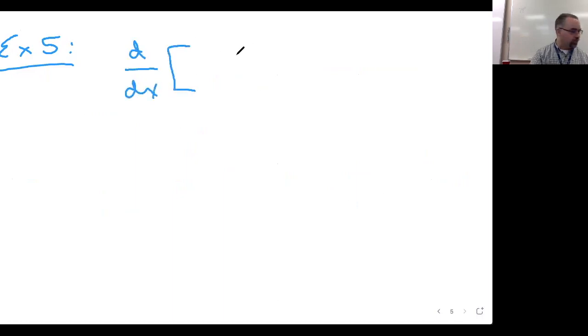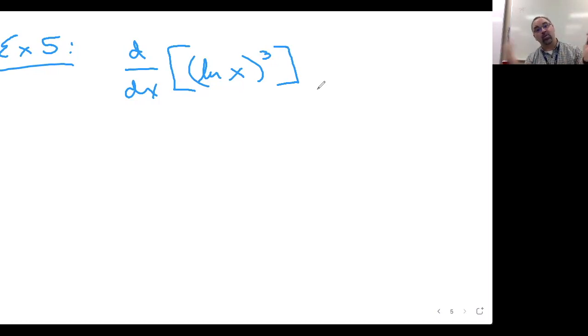Example 5. I know, they're getting harder. Let's see. Oh, yeah. Derivative with respect to x of natural log of x quantity cubed. Oh, see what I did there? I made it another chain rule problem, but this time the natural log is actually the inside function and the cube is the outside function.